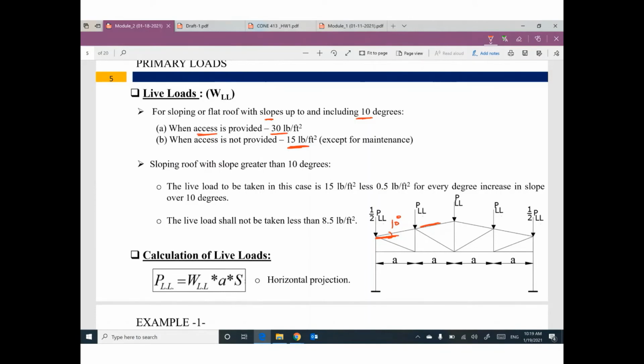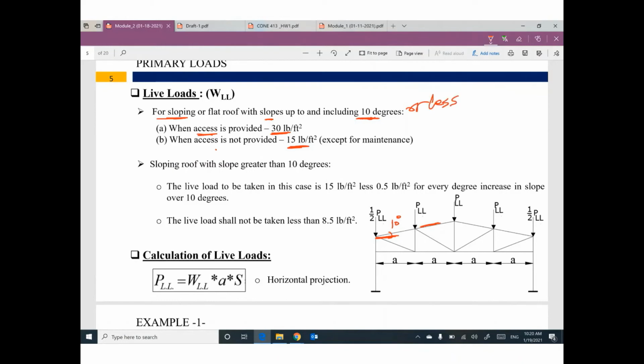Someone will go there, or nobody will go there except for maintenance. Based on this case, if you have access, we can assume live load equal 30. If you don't have access to the roof, we will assume 15.